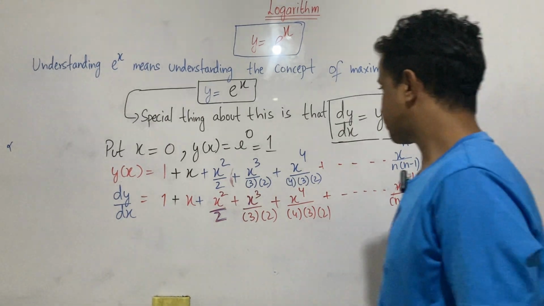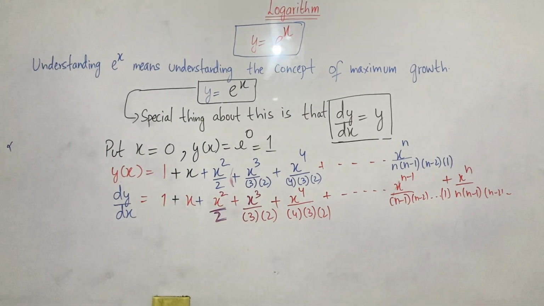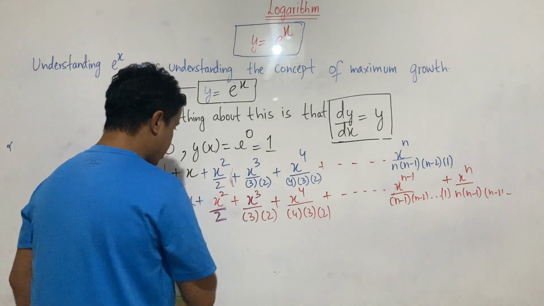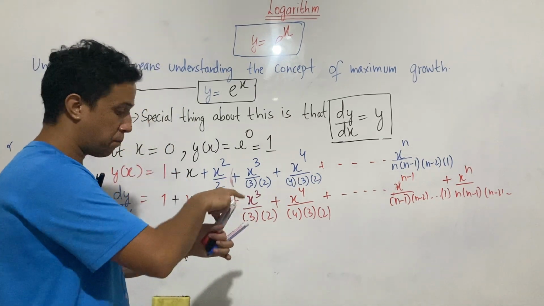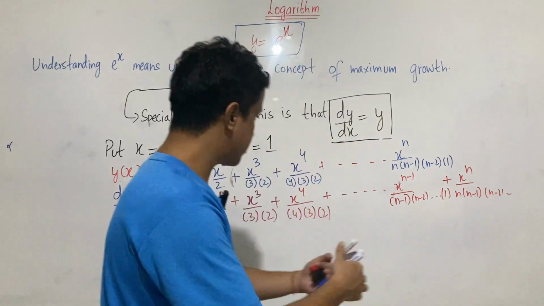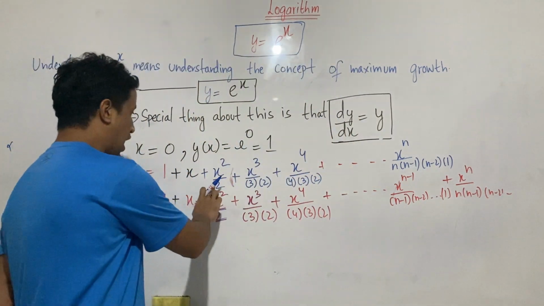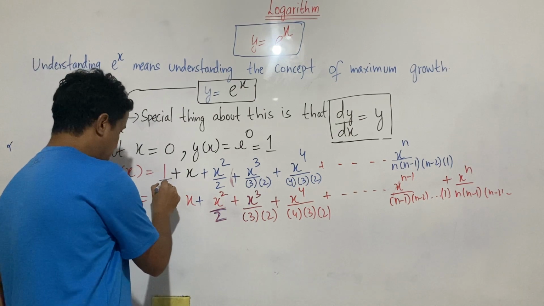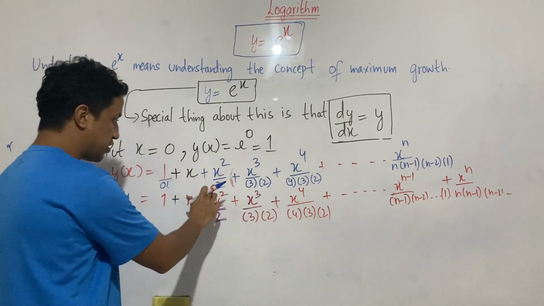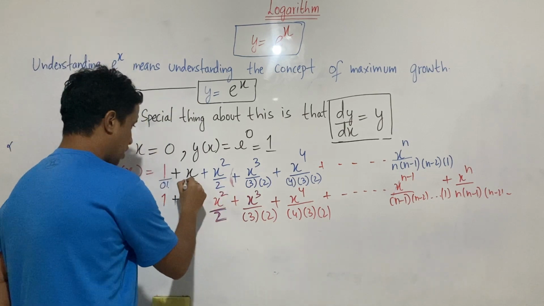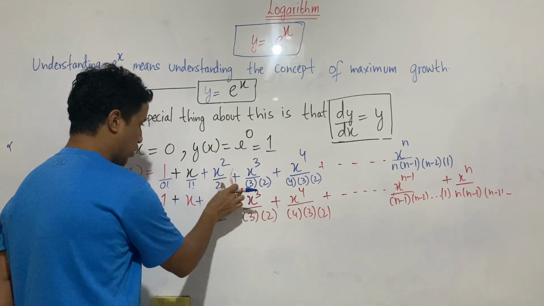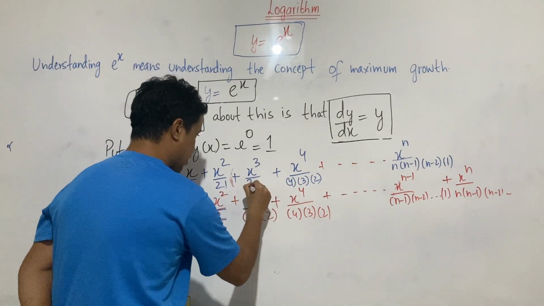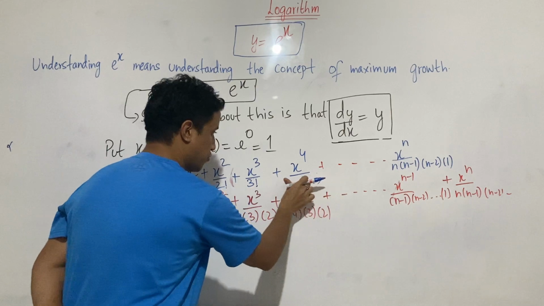Okay, now if you look at these things here, I can replace these fraction parts by the factorial, right? Now see here, this is going to be 0 factorial, this is going to be 0 factorial, this is going to be 1 factorial, this is going to be 2 factorial, this is going to be 3 factorial, this is going to be 4 factorial.